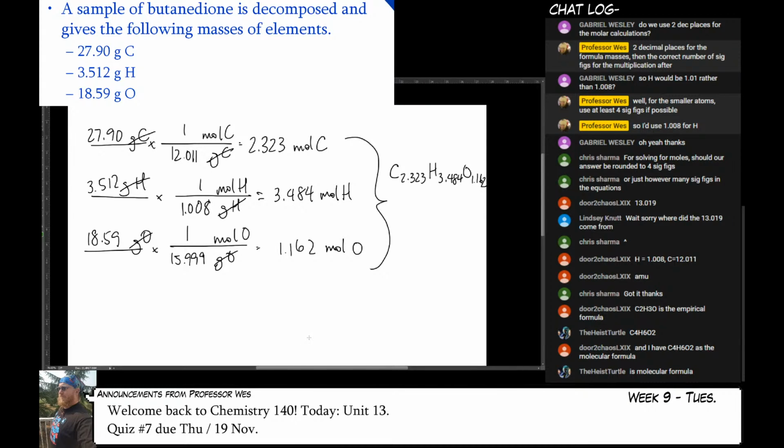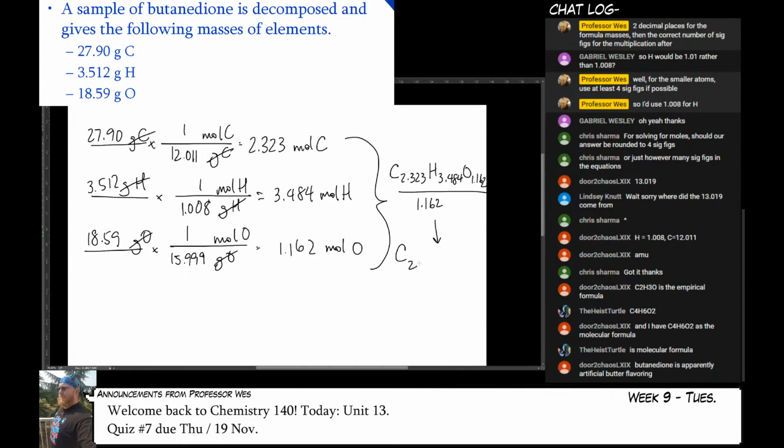That's even more crowded, but oh well. We're going to divide by the smallest number, which is 1.162. And the first coefficient for carbon becomes C2, H3, and then O. So that's the empirical formula.